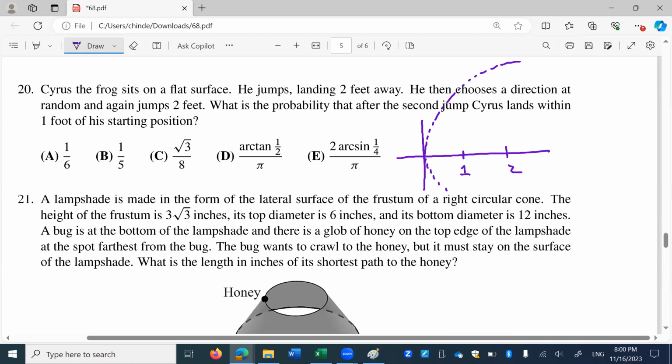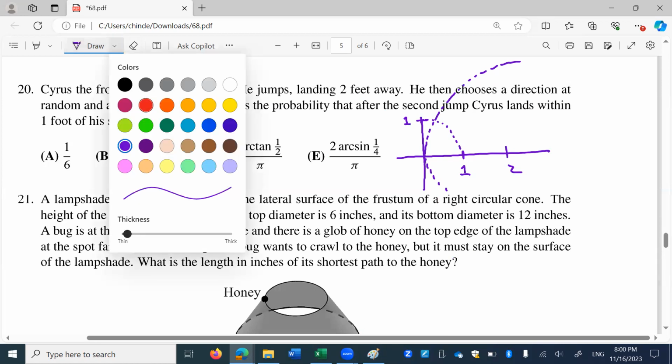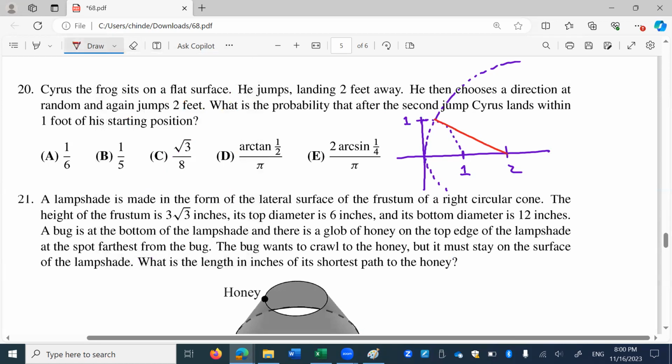And the question is, what fraction of the points on this circle are inside the circle of radius 1 centered at the origin, right? So it looks like what I'll have to do is calculate twice this angle.